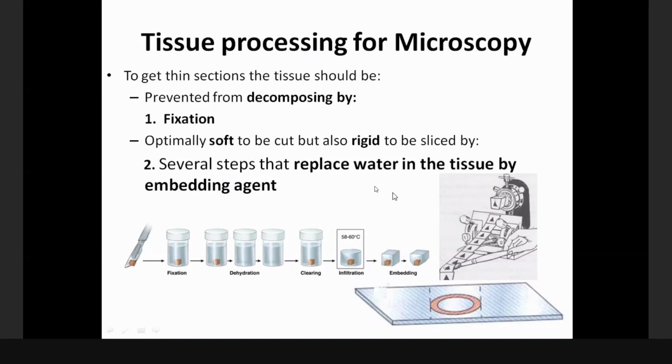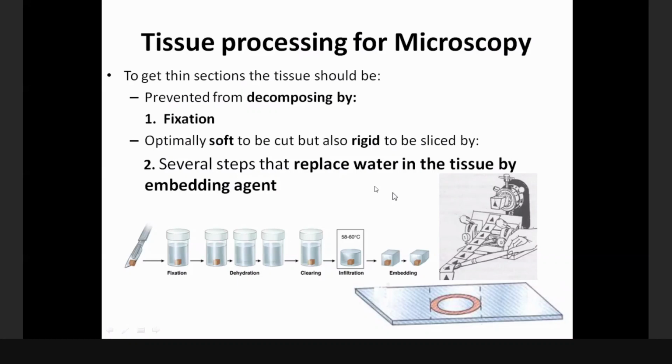For electron microscopy, we replace the water present in our tissue by plastic resin. And you know that plastic is able to be sliced very thin. But there is a problem here because water cannot be directly replaced by paraffin or plastic, because these two media are not able to dissolve in water.